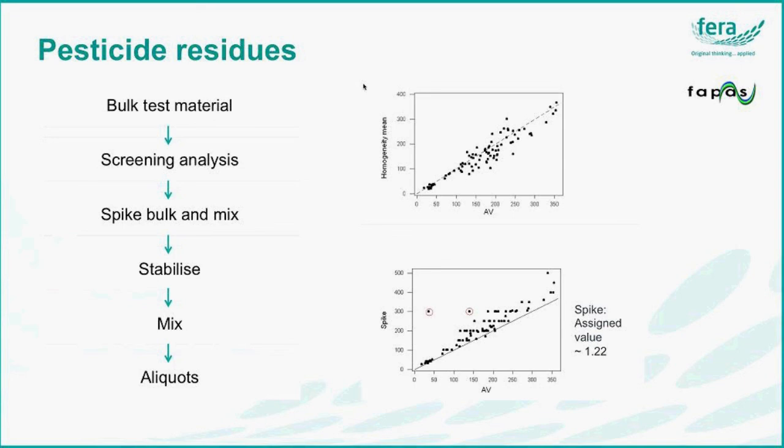However, the bottom plot shows that the spike value, that is the theoretical value that we've put into the material, is more than the assigned value, and in fact it's consistent to about a factor of 1.22. Therefore, we strongly encourage participants to interpret their performance based on the assigned value that we as the proficiency test provider provide, and not on the spike values or the homogeneity mean values.